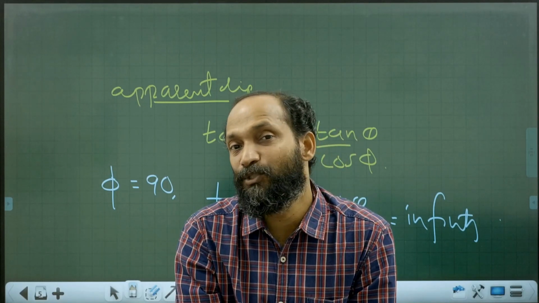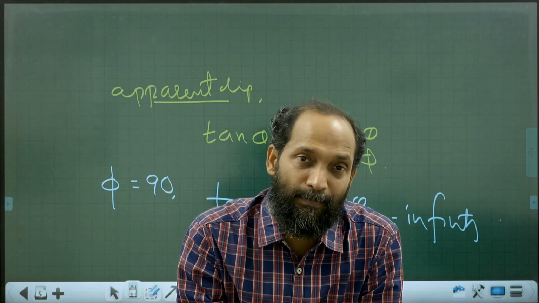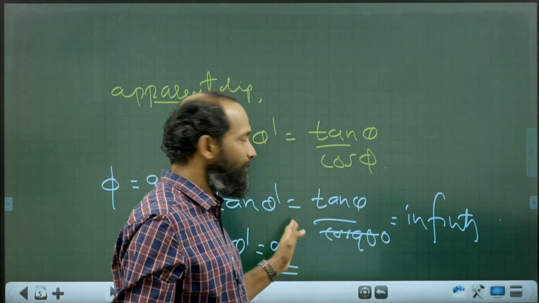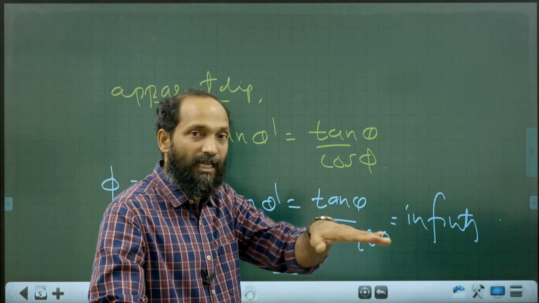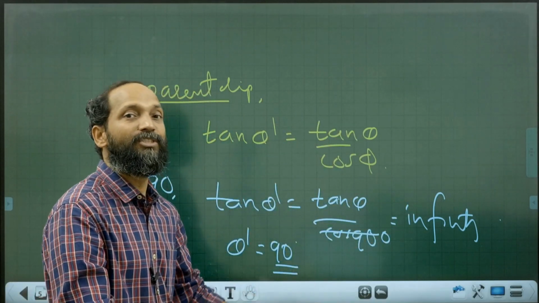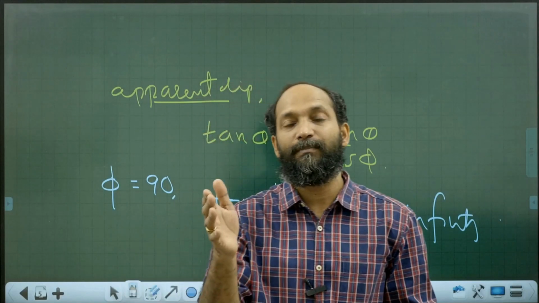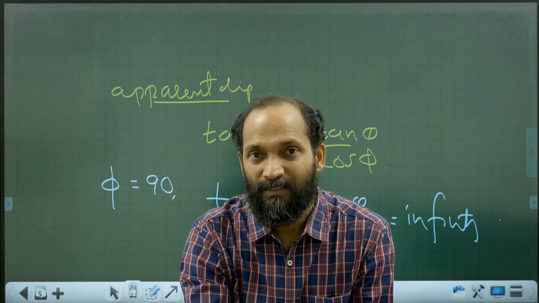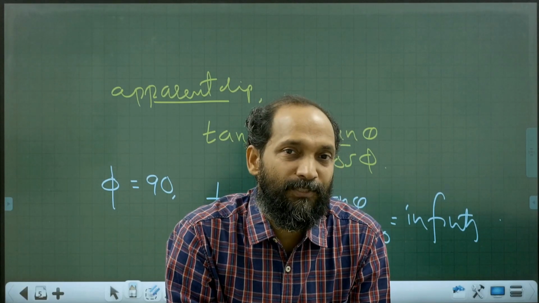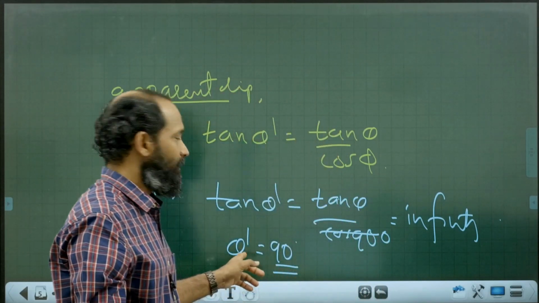That new angle is called observed dip or apparent dip, given by tan theta by cos phi. Theta is true dip, theta dash apparent dip, phi the horizontal angle. If that horizontal angle is 90 degrees, that means you are turning that magnet through 90 degrees with the meridian, then the dip is said to be 90 degrees.